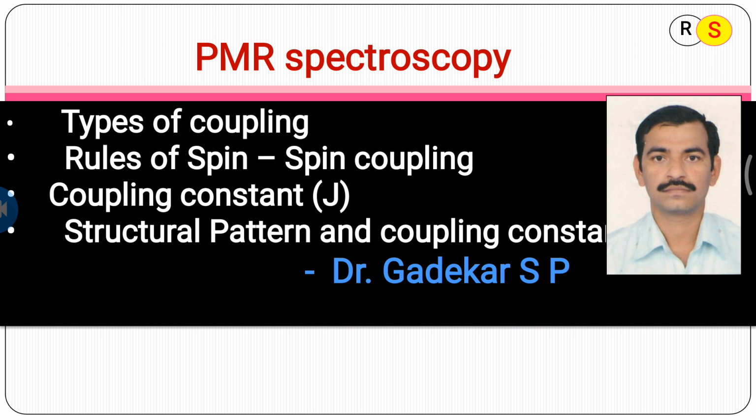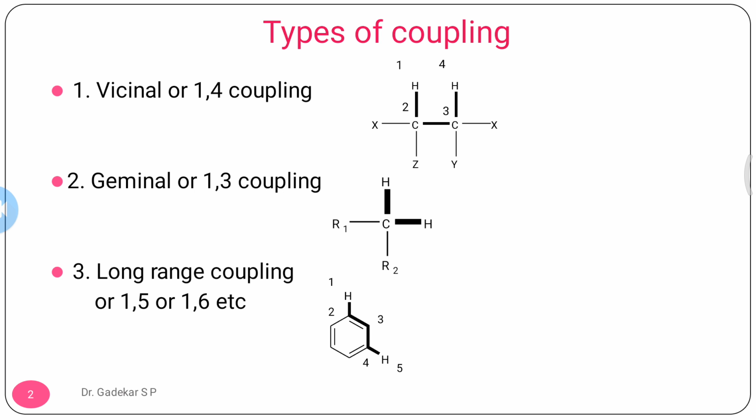Today we will discuss the different types of coupling. These types depend on the spin coupling interaction with other protons.